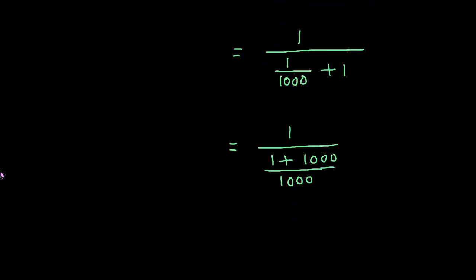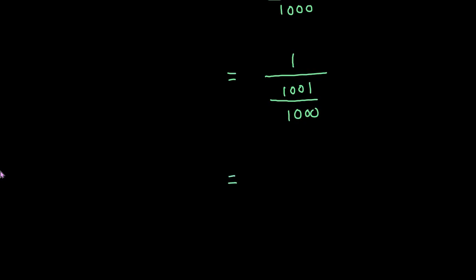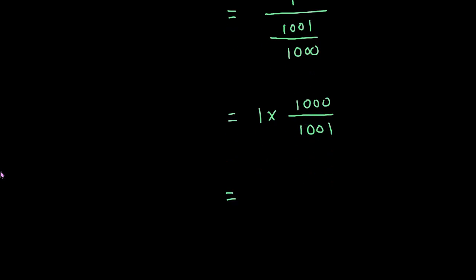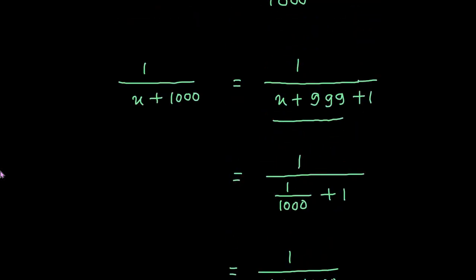Then we can write this equals 1 times 1000/1001, which gives us 1000/1001, which is our required value of 1/(x+1000).